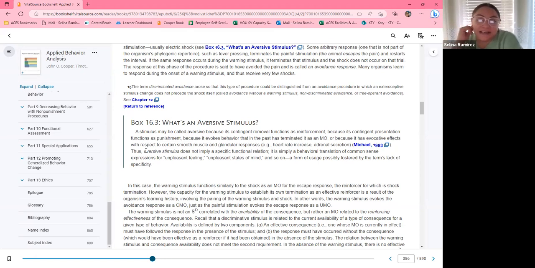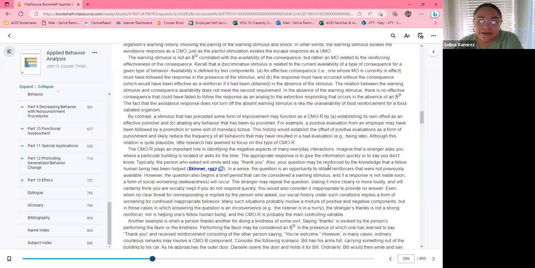So that would be his CMO-R. He's trying to avoid that shock response because he has a learned history where maybe in the beginning when he first got that collar, he tried multiple times to run past the fence, but now he knows exactly where his boundary is. And so he's not going to go past that anymore because he wants to avoid that unpleasant response. So just think about escape.